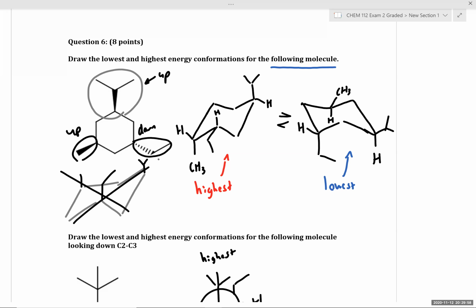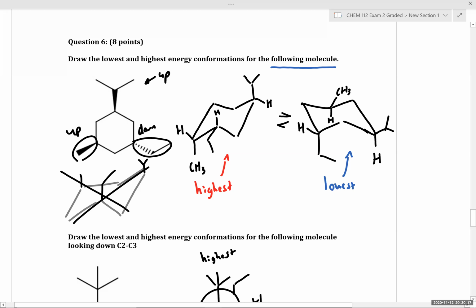Is that correct? Perfect. That's a really important point. You have to always respect the stereochemistry of the molecule that you're given, unless the stereochemistry is unspecified, but since I specified it, you have to follow that stereochemistry.